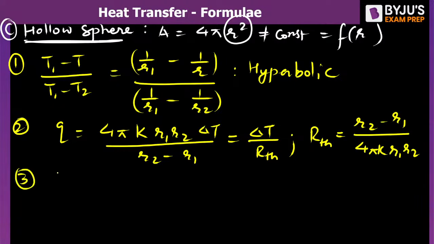And the next formula is the mean area. Do you know how to find the mean area for a hollow sphere? If you want to convert it into an equivalent plane wall, then the area will be taken as the mean area, that is square root of A1 into A2. That is called the geometric mean area.